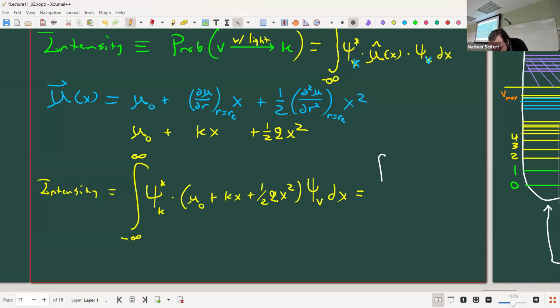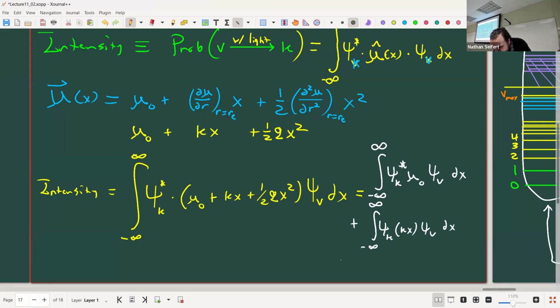The first term is psi k, my apologies, the final state, times mu naught times psi v dx, plus the integral from minus infinity to infinity of psi k times kx times psi v dx, plus the integral from minus infinity to infinity of psi k star times 1/2 Q x squared times psi v dx.